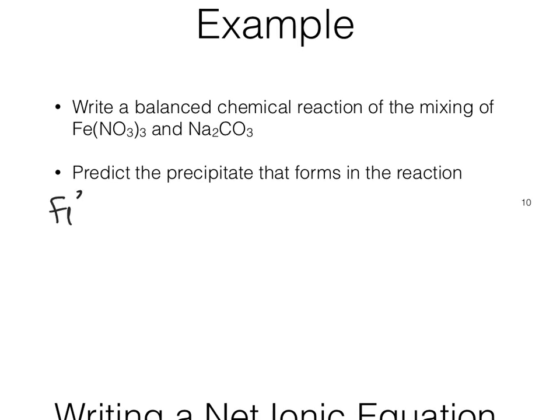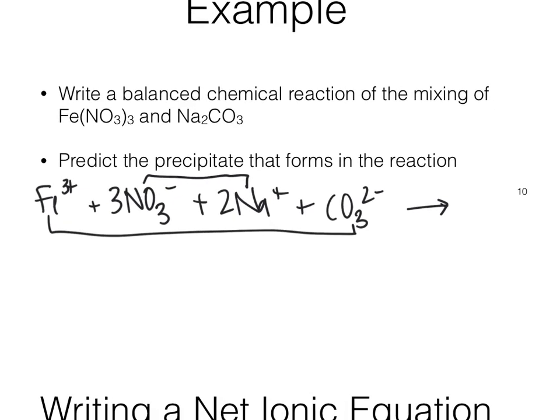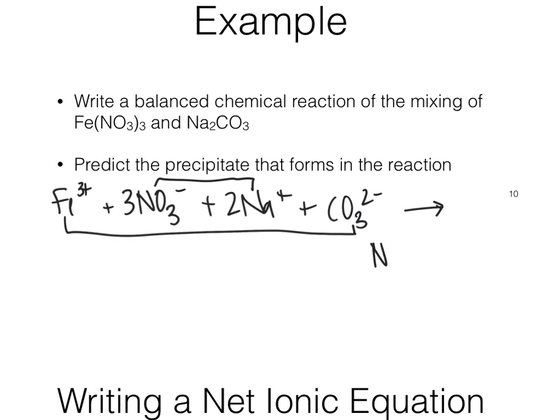We have Fe3+ and 3 NO3-, plus 2 Na+ and CO3 2-. So our new components are sodium nitrate and iron(III) carbonate. When we mix these together, we're going to end up with sodium nitrate plus, in this case, the iron carbonate.